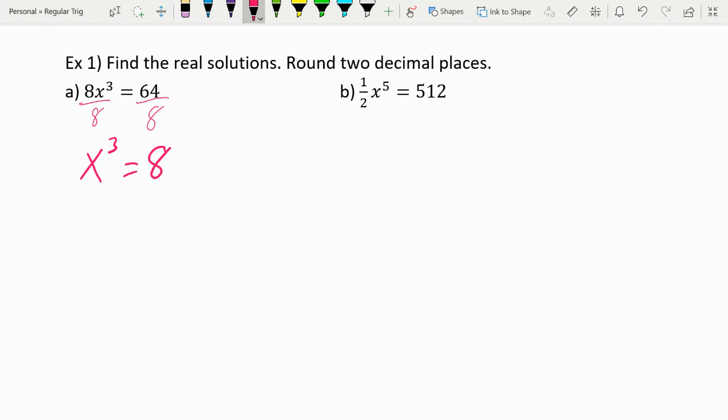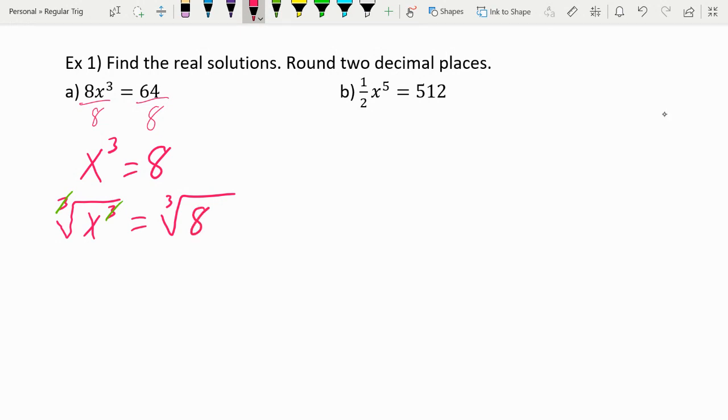How do I get rid of the third power on x? Well, one way is I can take the third root of x to the third. Then those threes cancel each other out, and I would be left with x by itself. If I did that to the left side, I would have to do that to the right side.